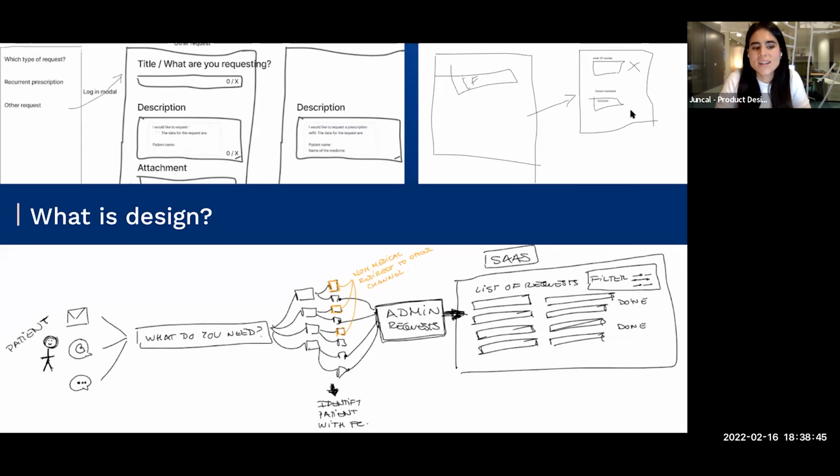What we do, and what I like to do, is at the end of the second diamond, you have a solution defined in the sense of a direction, a concept of a solution, a very broad solution. Then you move to the third diamond, where this solution gets into much more detail and gets built at the same time as it gets more and more detailed. So for me, it extends all the way to the end of the third diamond as well.